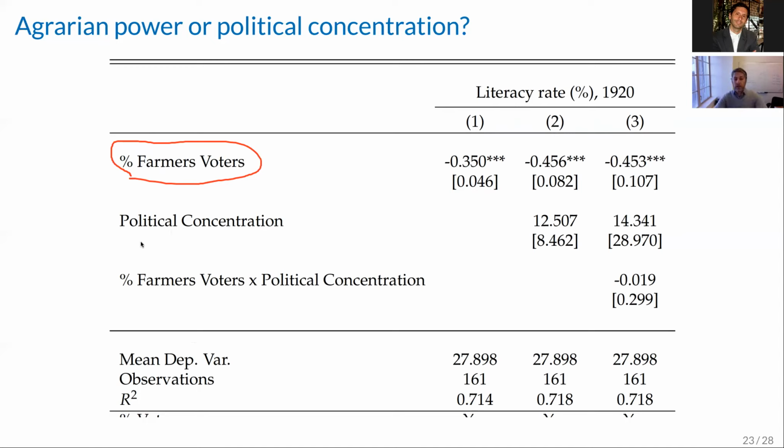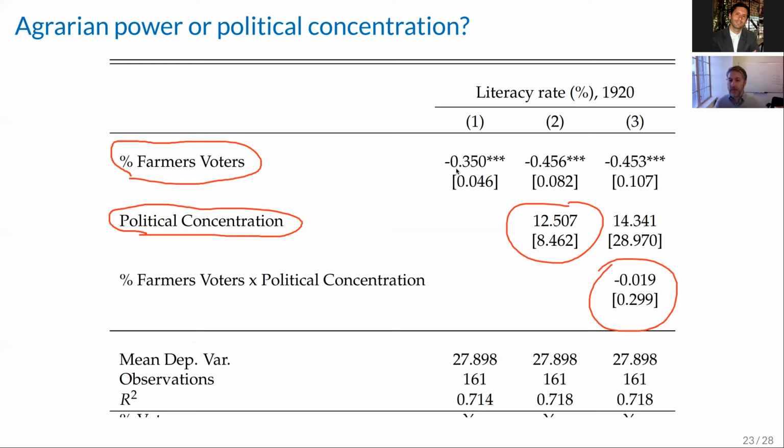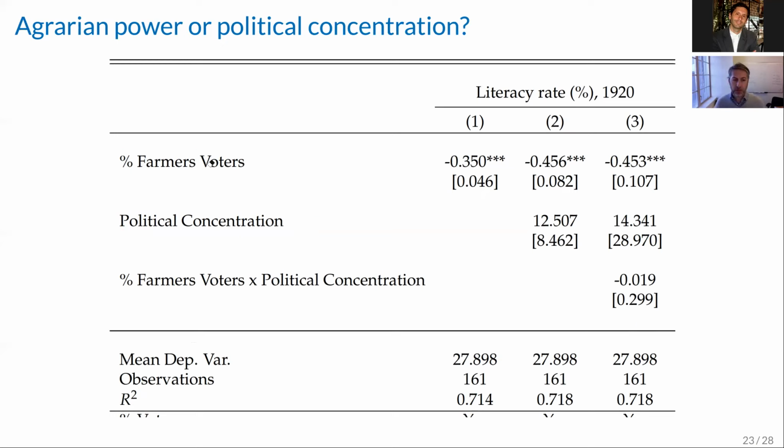So one thing that you can do to test that is create a measure of political concentration. You pick the share of voters of different occupations and calculate a Herfindahl index, for example, and then you use that in this regression. But we don't find that political concentration per se, either alone or interacted with the share of farmer voters, has any explanatory power in terms of literacy rates.